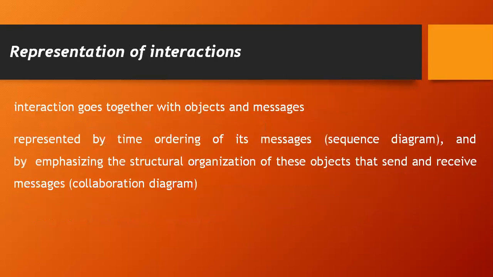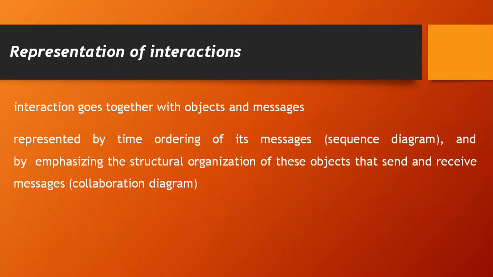Now, the representation of interactions. When we model an interaction, we typically include both objects and messages. We can visualize the objects and messages involved in an interaction in two ways: one by emphasizing the time ordering of the messages, and the second by emphasizing the structural organization of the objects that send and receive the messages.